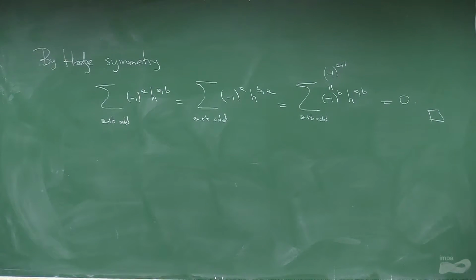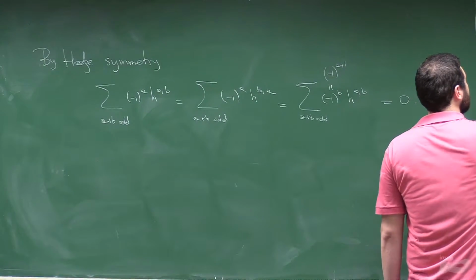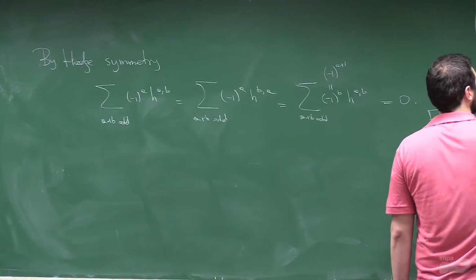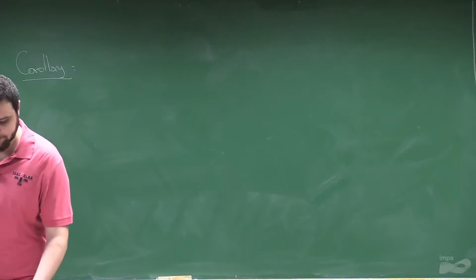Is it clear? Yes? Okay, so a corollary of this, that sometimes is also called the Hodge index theorem, is the following.